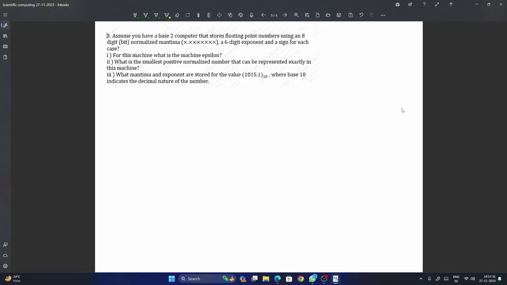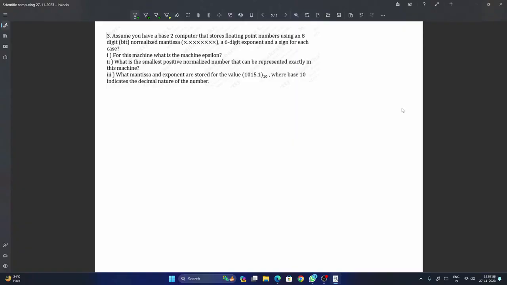Here it says: assume you have a base 2 computer, that means a binary computer, that stores floating point numbers using 8 digits, that means an 8-bit normalized mantissa. So the format is x.xxxxxxx. It has 8 bits total, so 1 bit before the decimal point and 7 bits on the right-hand side, and a 6-digit exponent.